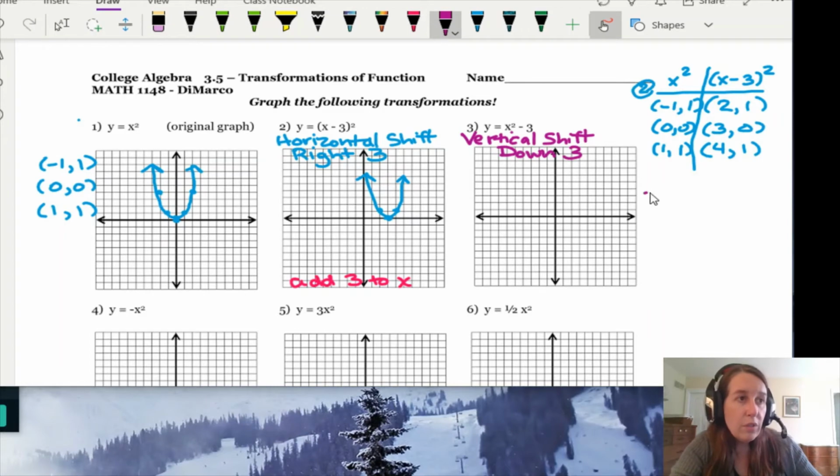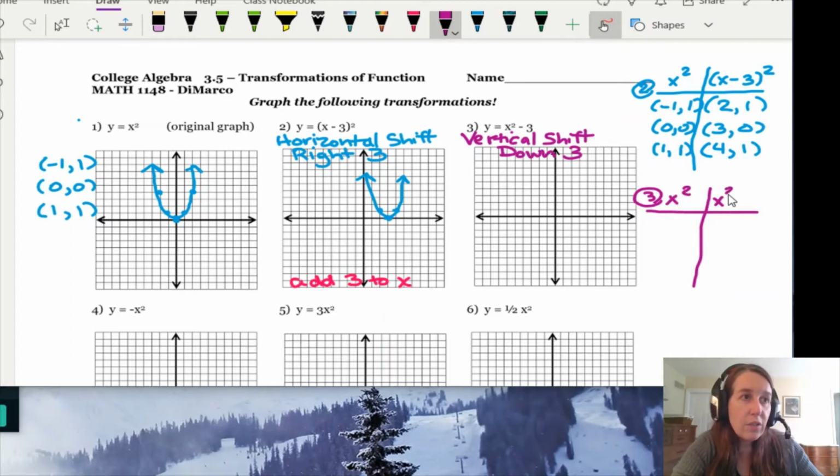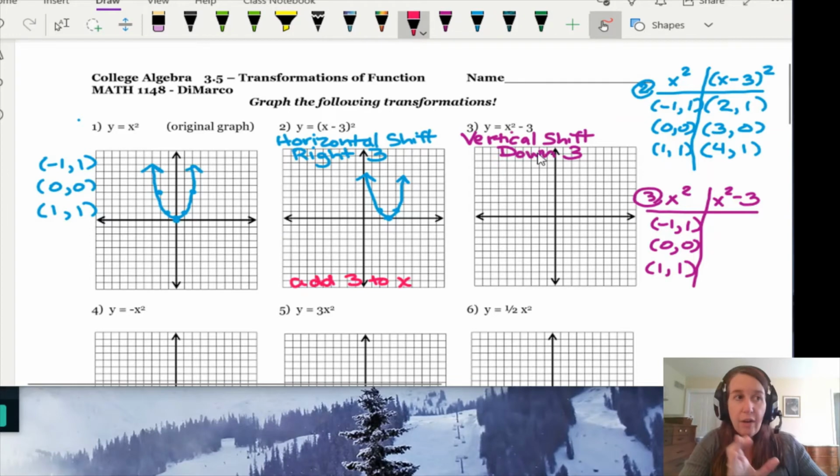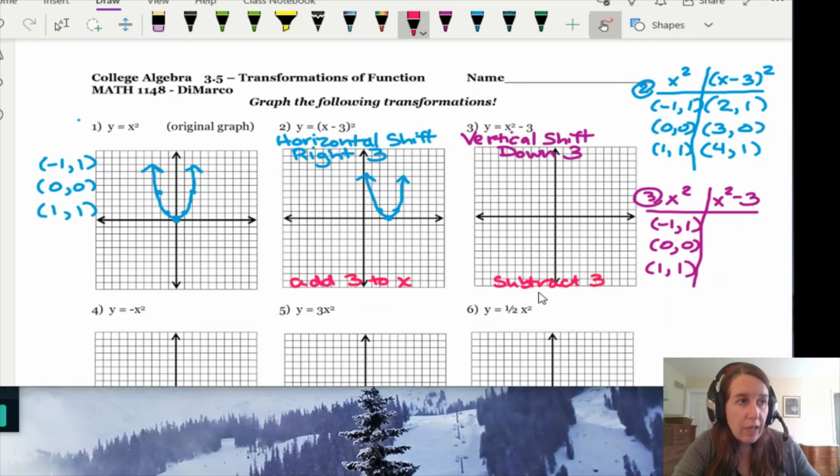Okay, so let's write our chart over here to plot their points. Our original is still x squared. Our new one is x squared minus 3. Keep those original points, -1, 1, 0, 0, 1, 1. And then for this graph, since we're going down 3, we're going to subtract 3 from the y value.